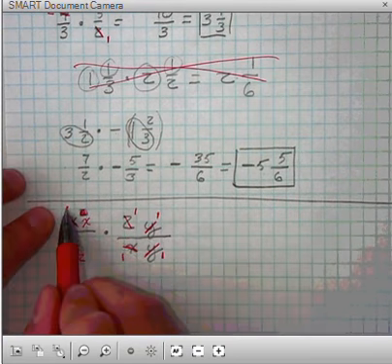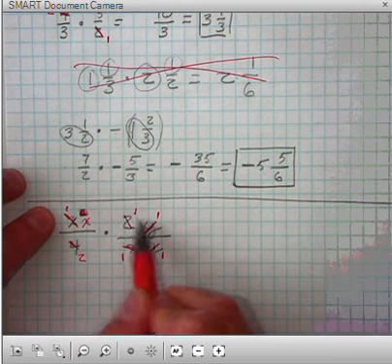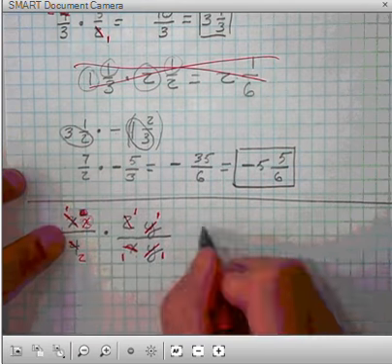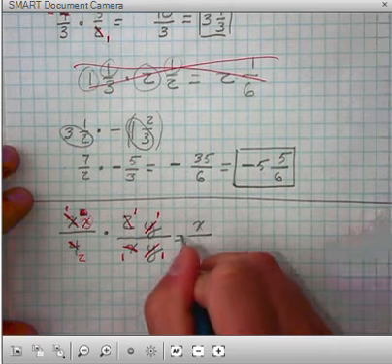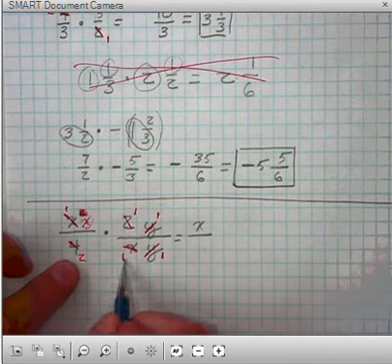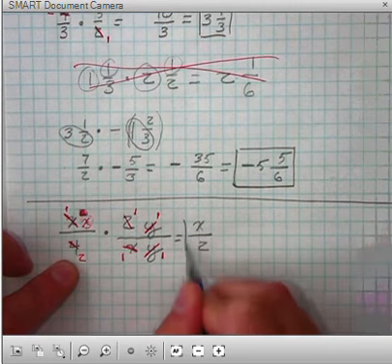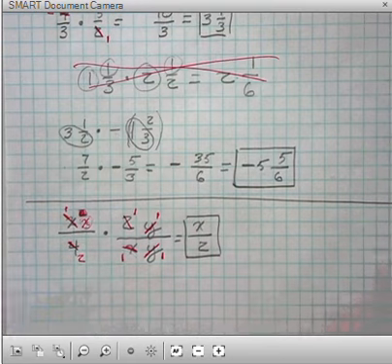So now on the top I've got 1 times x times 1 times 1. So that leaves me with just an x on the top. On the bottom I've got 2 times 1 times 1, which is just 2. My answer is x over 2.